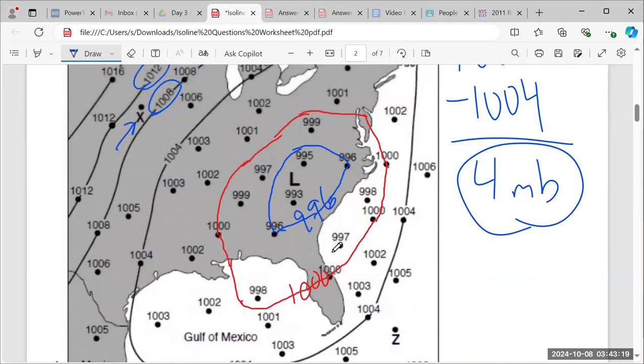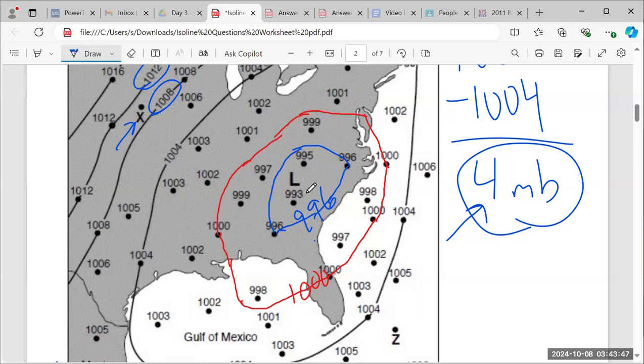Number four, what is the lowest value of L to the nearest whole number? We haven't got into the pressure unit, but L represents low pressure, and they want to know the lowest value. Keep in mind how much each line is going down by. It is going down by 4. Remember the contour interval was 4? Is there another contour line inside 996? There isn't.